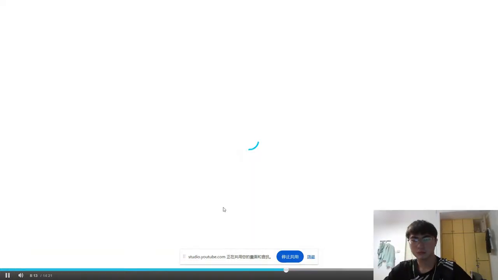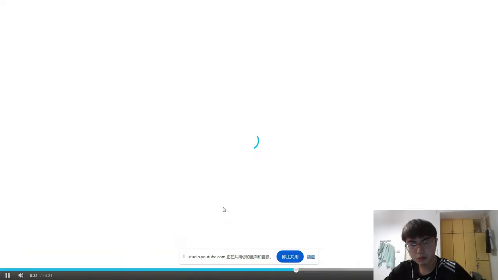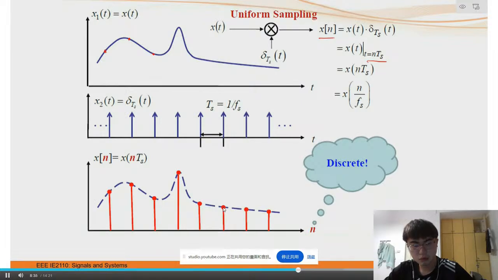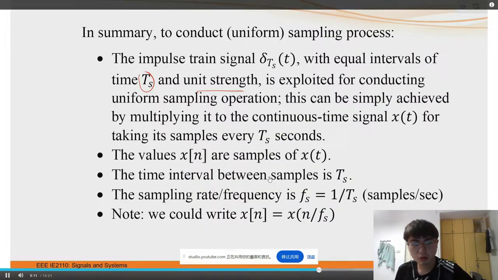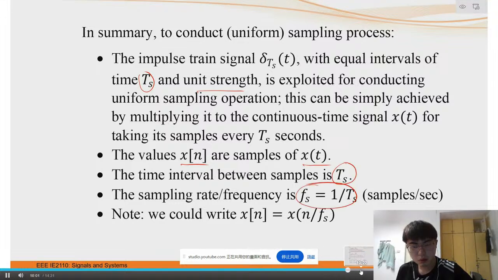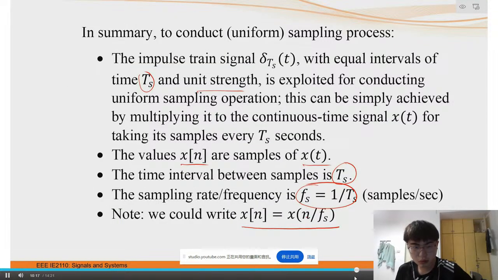This is discrete in nature. This is the uniform sampling operation, and it can be simply achieved by multiplying the continuous time signal x(t), evaluated at t equal to nTs, or n over fs.